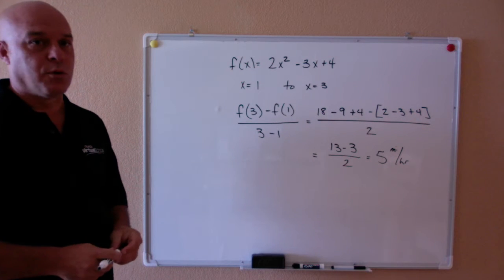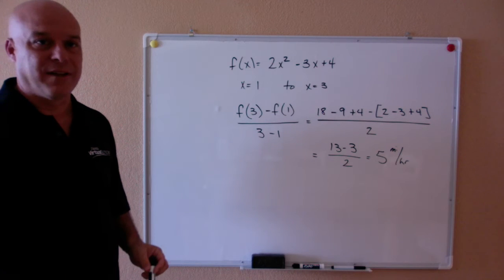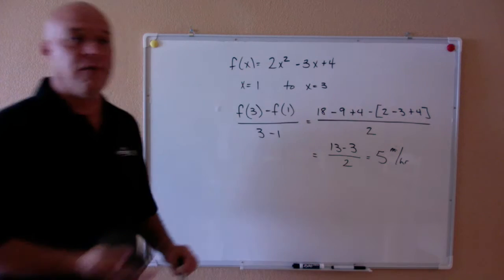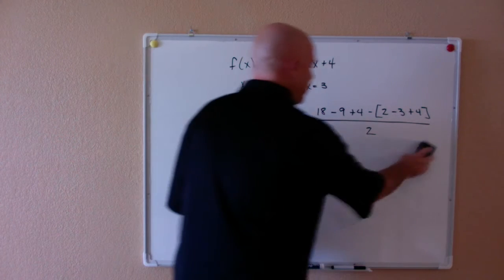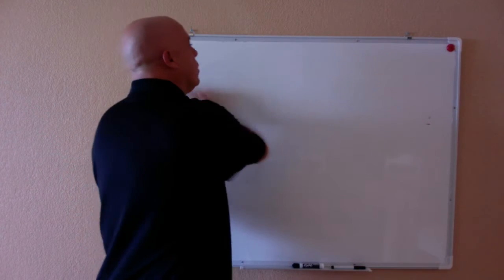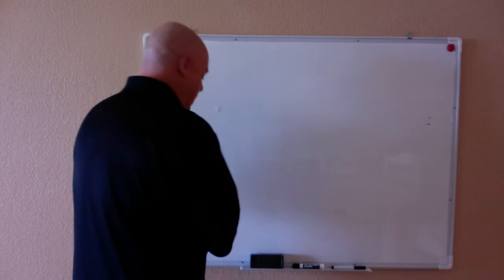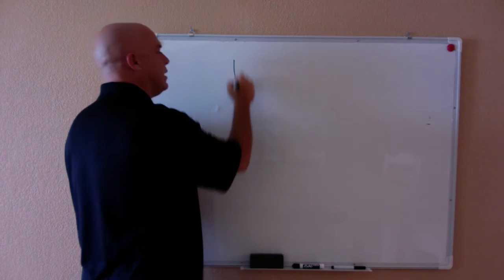Now, sometimes when we're working these things, we don't have a full set of data. Sometimes really all we have are points to work with, and that's where the table of data comes into play. So let's say that I had a table of data, and I'll put some units of measurement with this one.